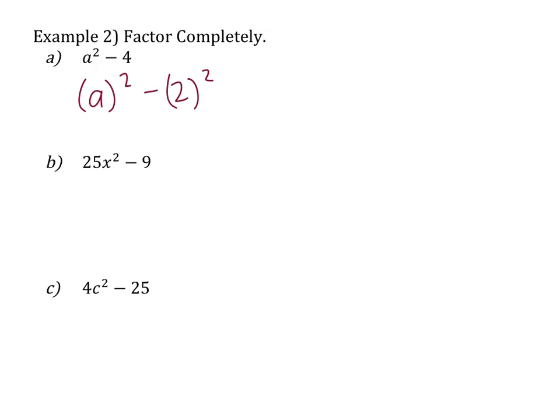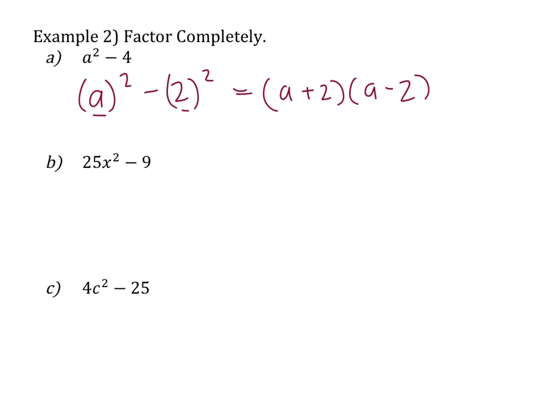But if you can go straight to its factorization, then go for it. Okay, so I know this is going to be using the formula a plus 2 times a minus 2. I take each of my terms, add them, subtract them, multiply them. Again, if you're not sure, multiply it out, see if you get the same answer.